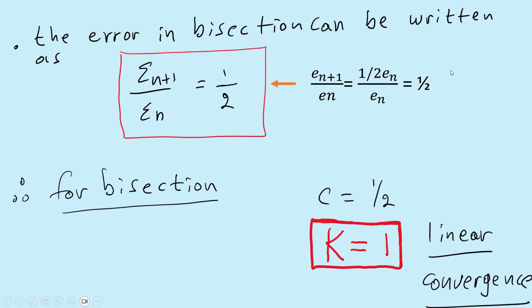This C for the bisection method is a half, and the power of the error at the nth iteration is 1. For this reason, we can say the bisection method has linear convergence.